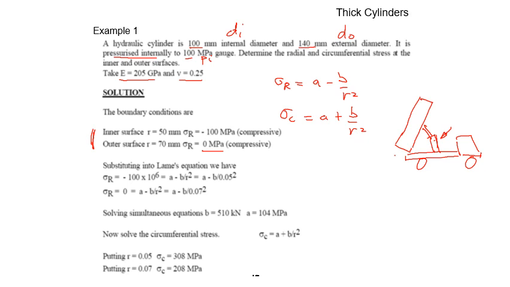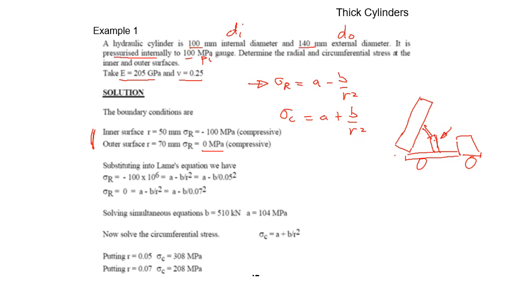If we substitute these values into Lame's equation, now we have only sigma R, but we have two values of sigma R at two locations, R 50 and R 70. So we use the equation for sigma R twice.